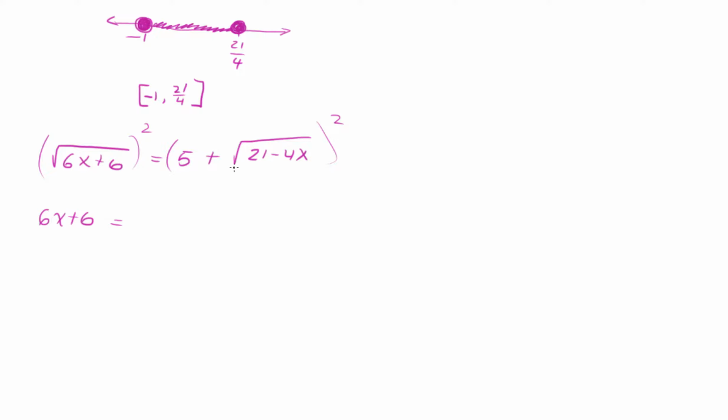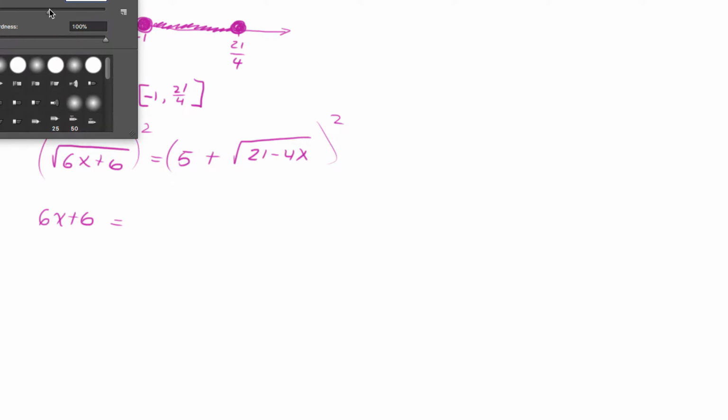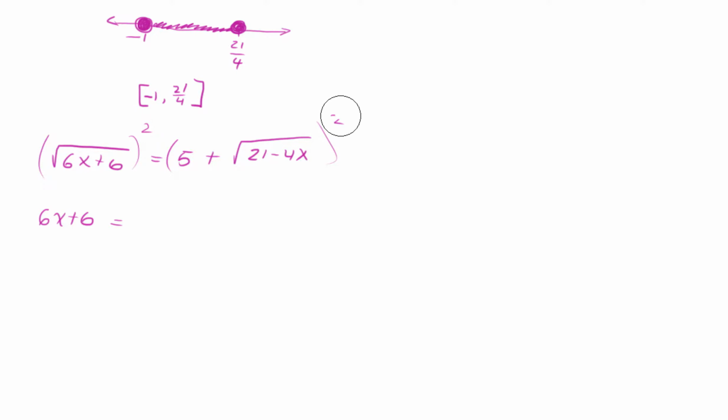On the right side, you have a foiling. So let me put this a little smaller because it's too big. Okay, perfect. So I'm going to rewrite this as multiplying itself. The hardest part of this is the foiling of the right side.